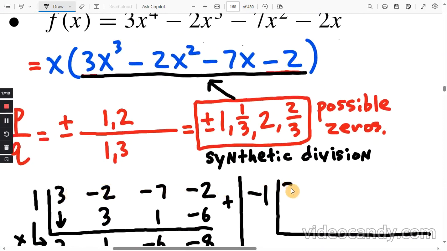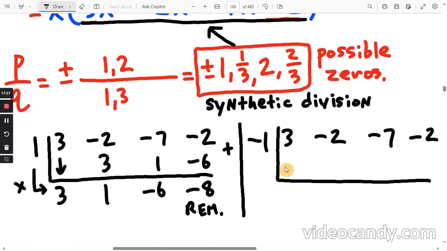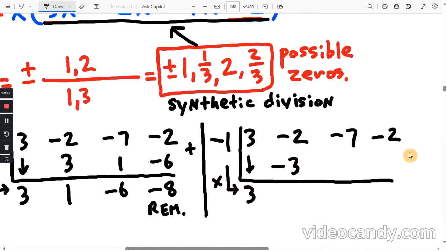It's going to be 3, -2, -7, and -2. So just like before, you bring down the 3 and multiply.